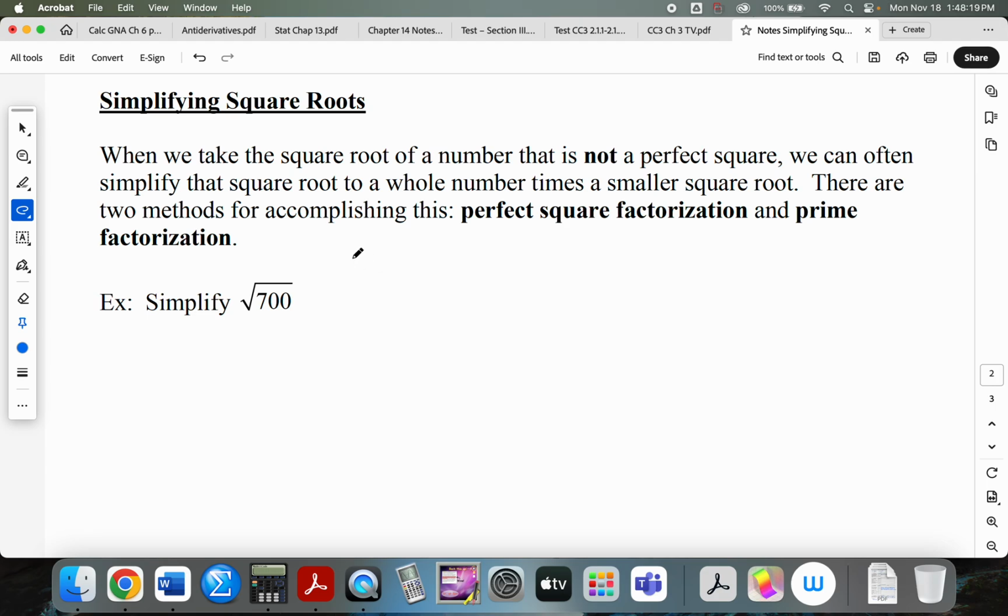So let's start with perfect square. What's a perfect square that'll divide evenly into 700? A perfect square that'll divide evenly into 700. This is not rocket science, friends.